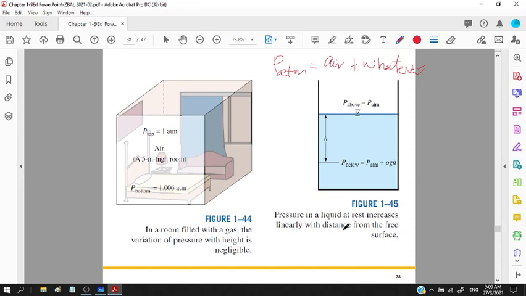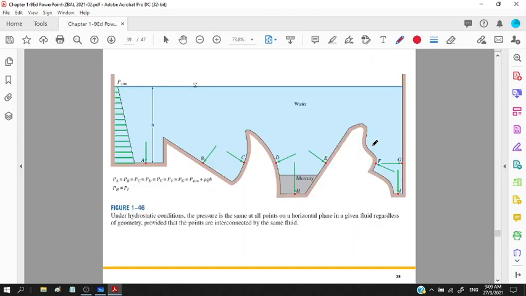Then when we go down, the pressure increases as the H value increases. So what is the pressure at this level, the P ABS at this level? Then this is equal to P atmospheric plus rho g h.